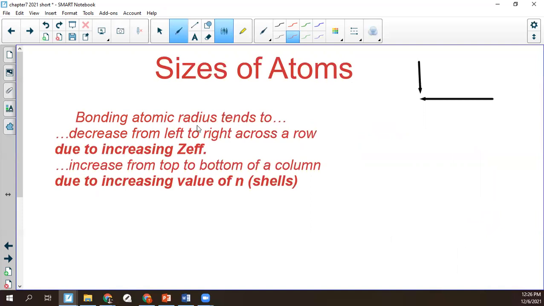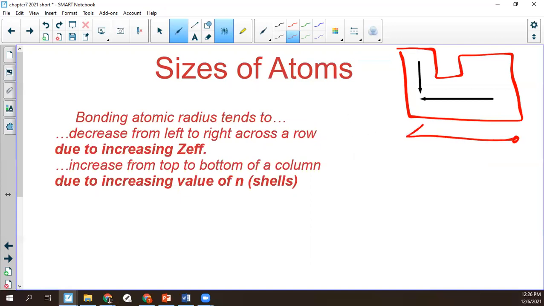Okay. Now, this is really important. Bonding atomic radius tends to decrease from left to right across a row on the periodic table. And you have to absolutely know why. That's due to increasing Zeff. So as I go from here to there, I get smaller.